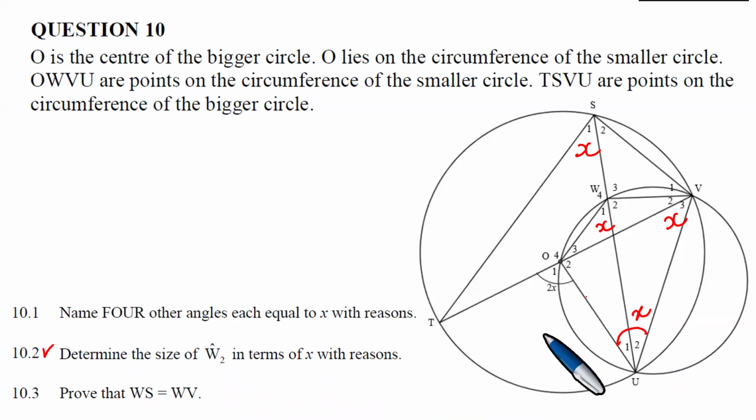The examiner now is saying we need to find W2 in terms of X, but with reasons.